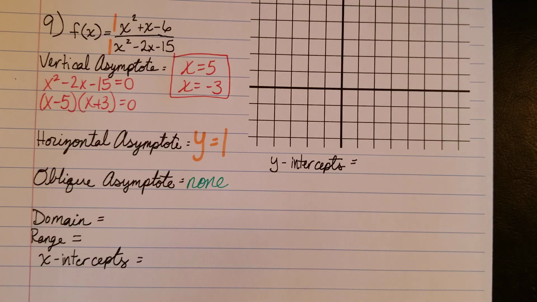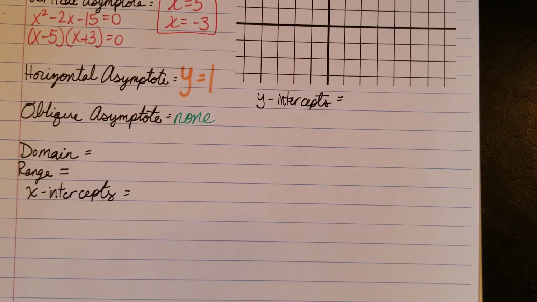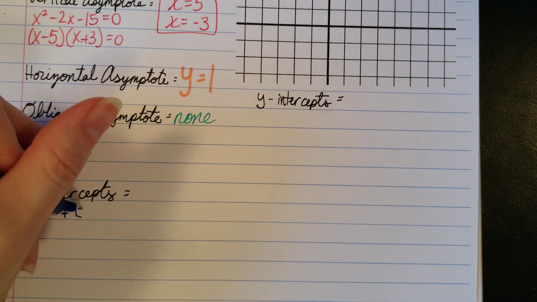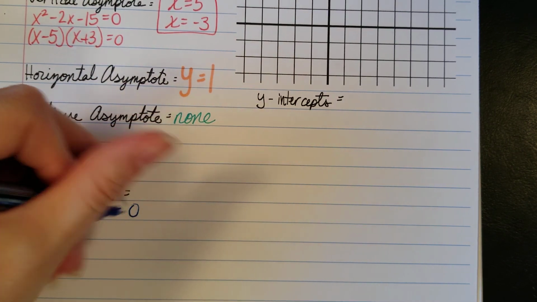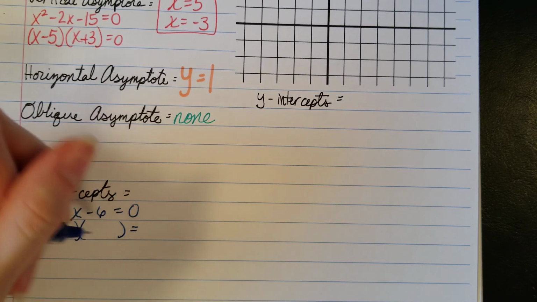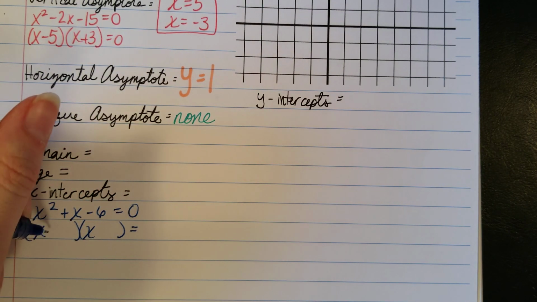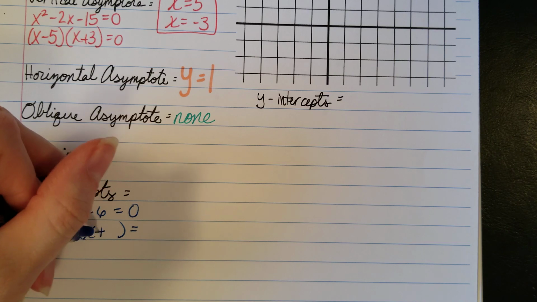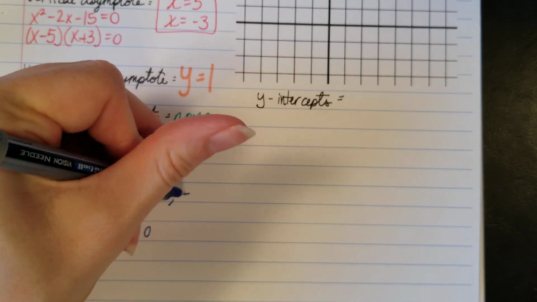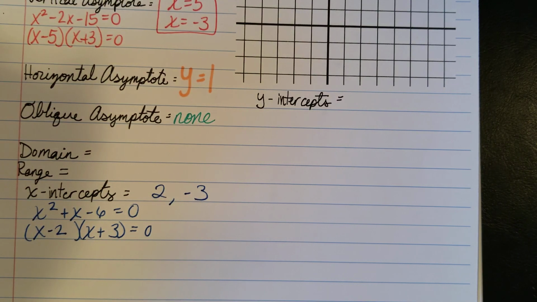And let's see. X-intercepts. Set the numerator equal to 0. So x squared plus x minus 6 equals 0. So that'd be x minus 2 times x plus 3. So 2 and negative 3 would be your x-intercepts.